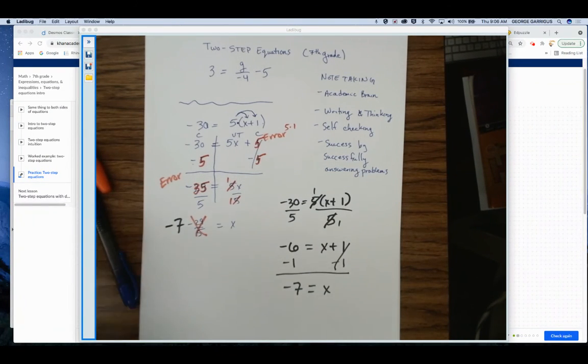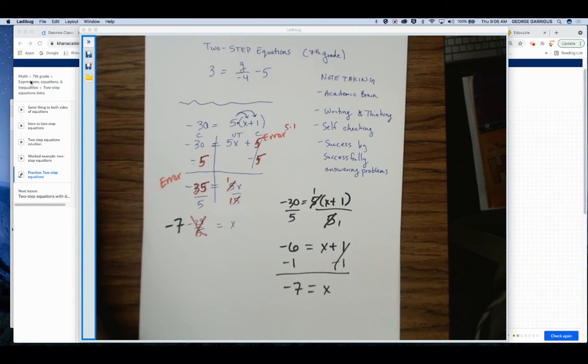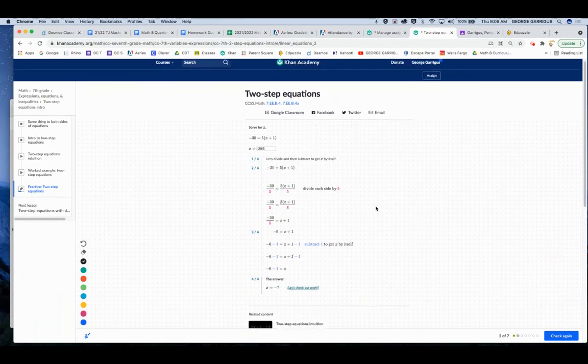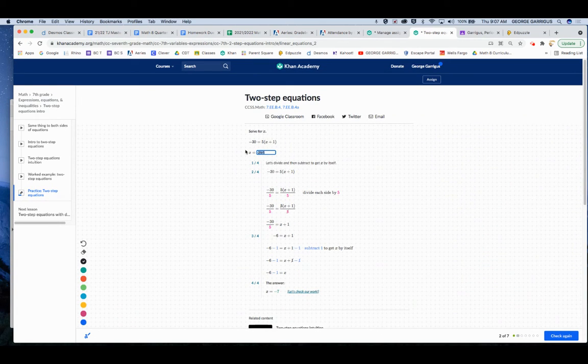So I'm learning, I'm self-regulating, and finding success. I'm learning from my mistakes. But I have to go really slow and one step at a time. So let me change this answer here to negative 7. And now I can move on.